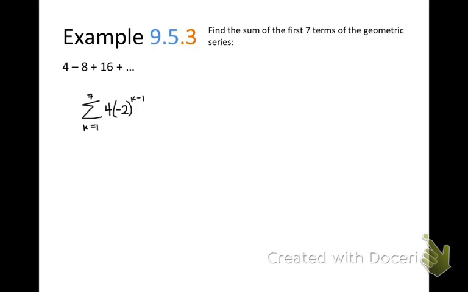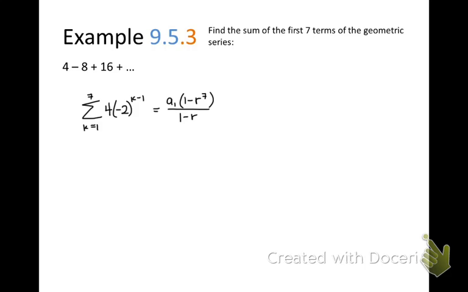And if it's a geometric series, what's the formula for this thing? A sub 1 times 1 minus r to the n, which is for us, whoa, not k, sorry, 7 is what I meant to say, divided by 1 minus r.